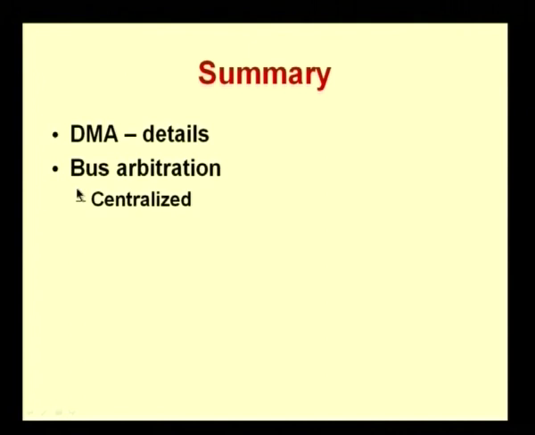That brought us to the topic of bus arbitration. We looked in detail at the centralized bus arbitration mechanism. We also mentioned that there is a distributed bus arbitration mechanism, but we looked at how the centralized one works.